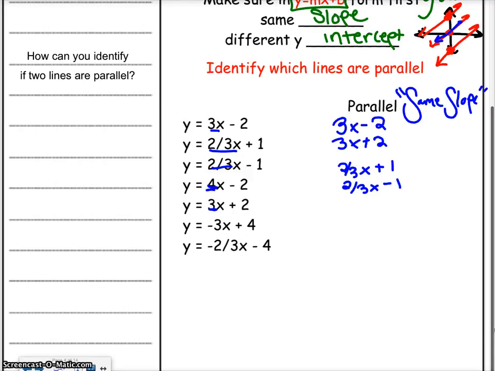Do I have any slopes of 4? No. Nope. Nope. Done. So these are parallel. Perhaps you want to be able to know how you know it's because their slopes are the same. Do you feel like you understand if they're parallel, same slope? The hard part is when you have to apply it and get y alone.